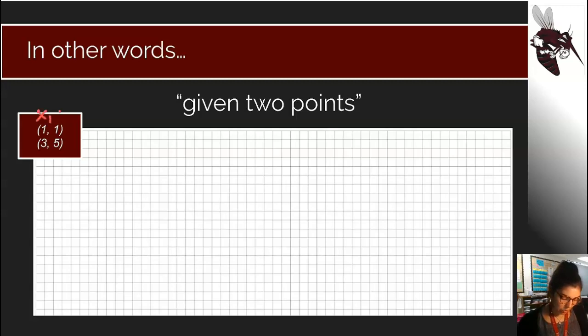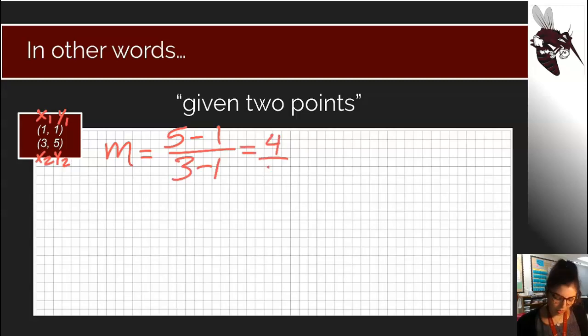We label them x1, y1 and x2, y2. I then use the slope formula from the formula chart: y2 minus y1 over x2 minus x1. 5 minus 1 is 4, 3 minus 1 is 2, and 4 divided by 2 is 2.